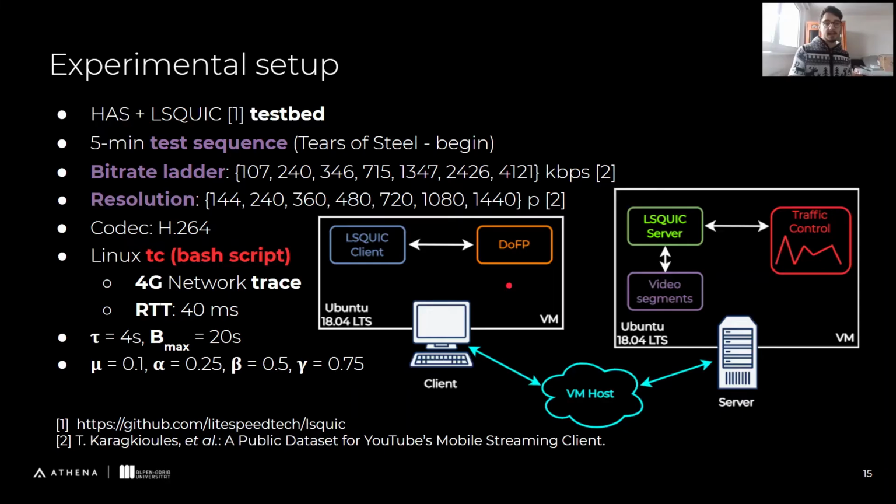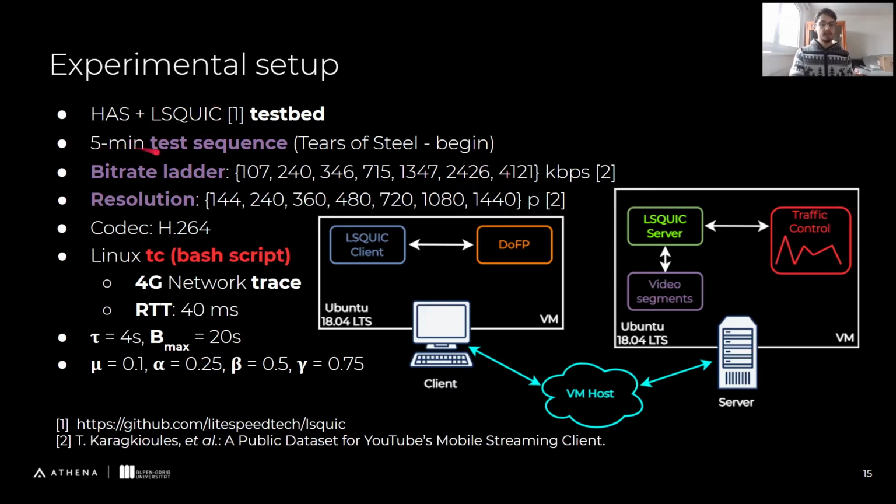For the experimental setup, we used an HTTP adaptive streaming testbed with the LSQUIC platform, which is a platform that allows us to build an application on top of it, exploiting its implementation of HTTP3 and QUIC.